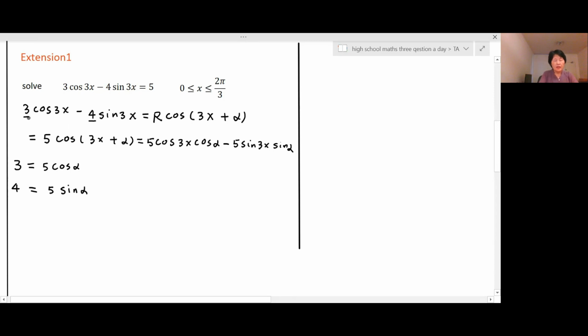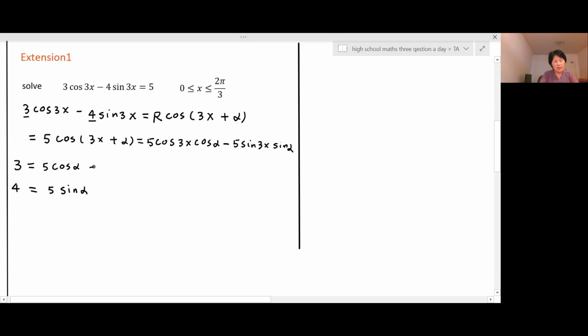Okay, look again. So the cosine 3x front digit is 3, and here it is 5 times cosine alpha. The minus I don't care. The sine 3x front digit is 4, and it is 5 times sine alpha.